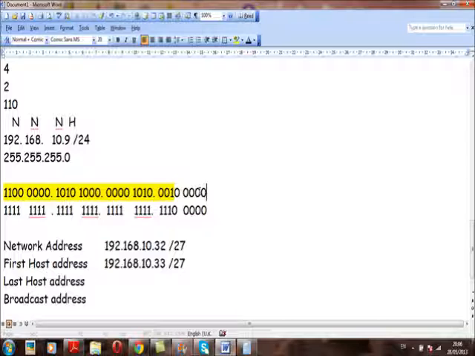And if I increment by 1 more, it becomes a broadcast address. Okay, let's do this. So we've got a 1 here, and then we've got 3 ones there, and a 0. So what would it be?